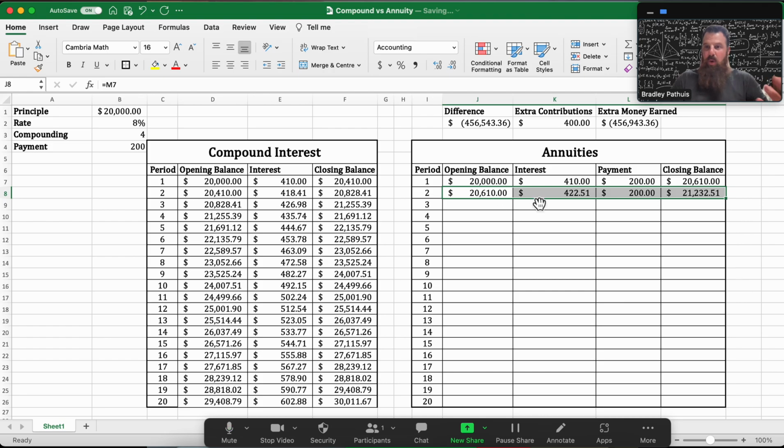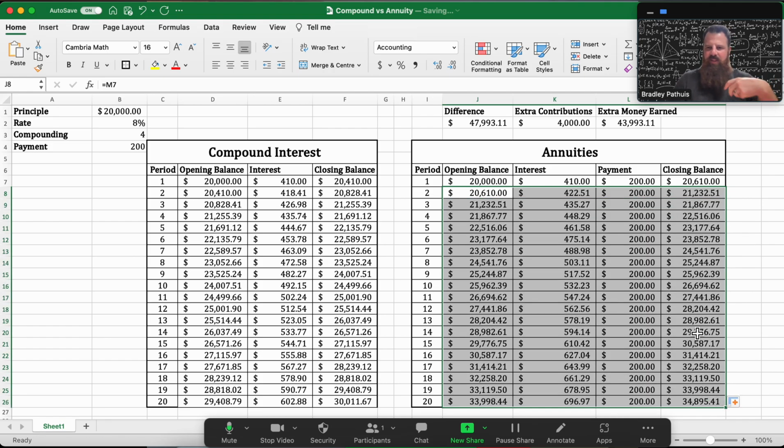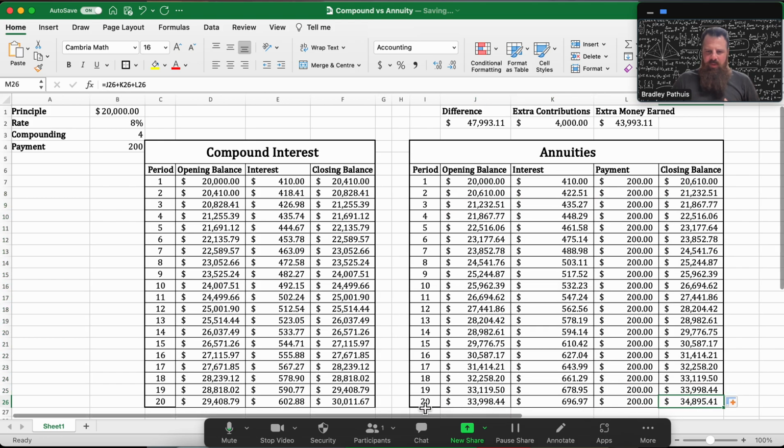If we populate this table, just give me a second here, you can see now I've filled that table. If we have a look at the difference, we've gone from $30,000 here to $34,000 here.